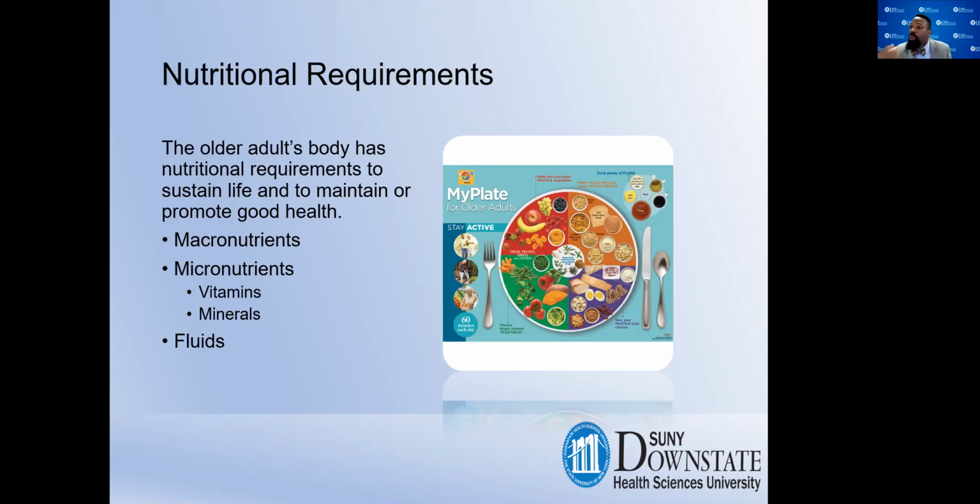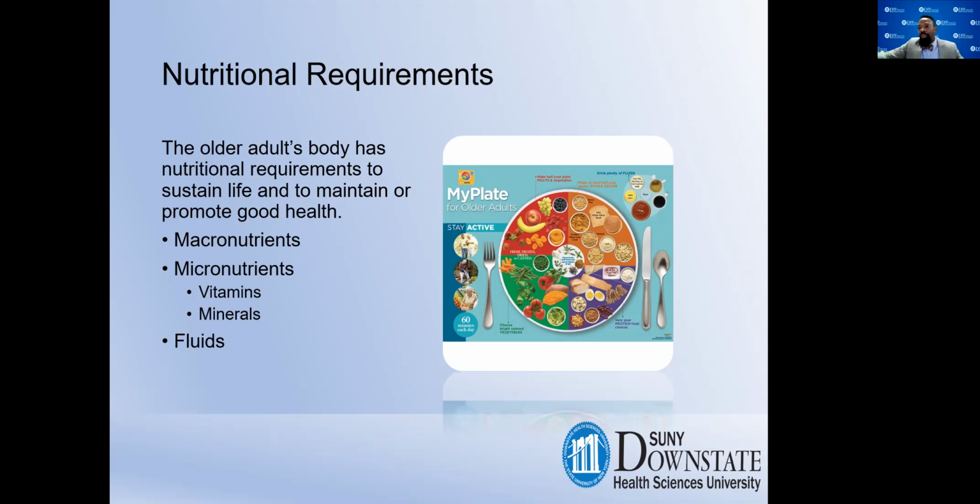Nutrition is whatever we eat, really, to ensure a healthy body, healthy growth, and just promoting good health. So nutrition is our intake to maintain a healthy body, to sustain life, and to promote good health.